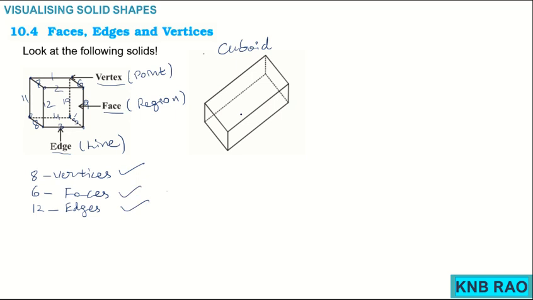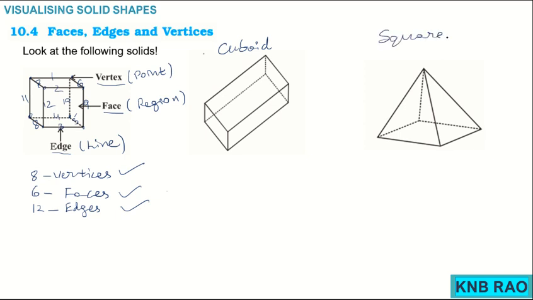And then coming to the another important shape, if you watch this, it is called square based pyramid. See children, this is the shape what we normally see Egypt pyramids, okay, where the mummies are kept.